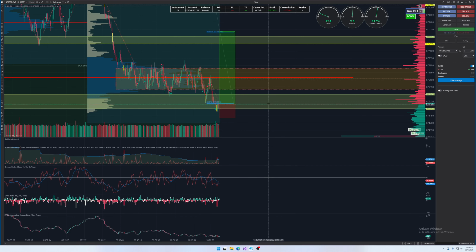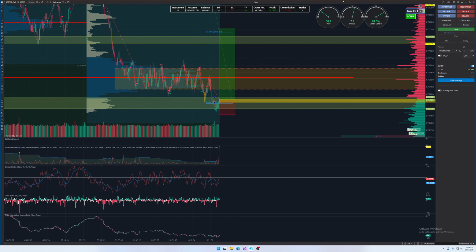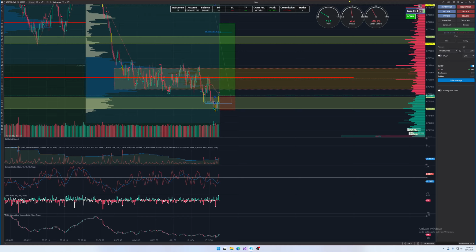It looks like exactly the range which we marked here. Here it's a bit high. Let's move that one. And does the market go up now? I don't know.